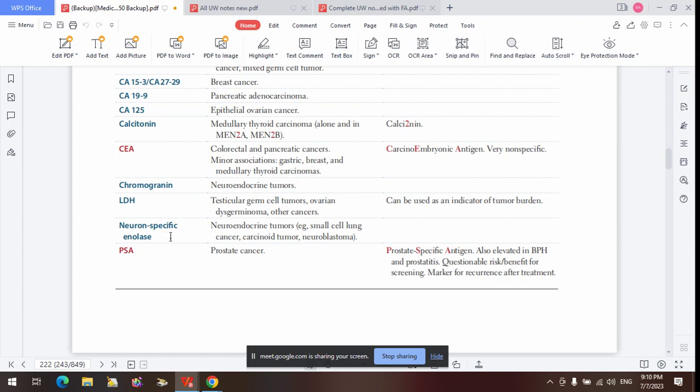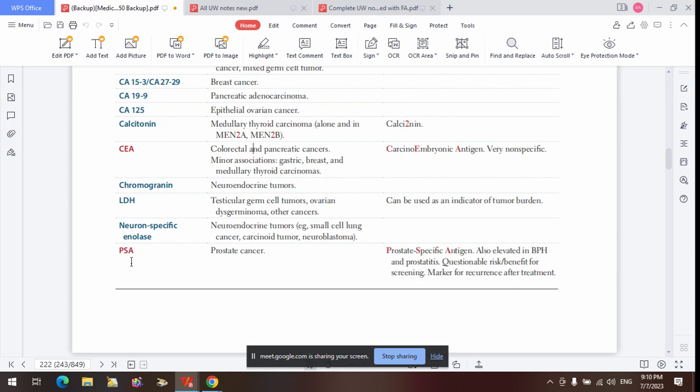All three of them are neuroendocrine tumors, and the marker for them is neuron-specific enolase. So NSC: neuroblastoma, small cell carcinoma, carcinoid tumor. We are going to talk about these three tumors again.